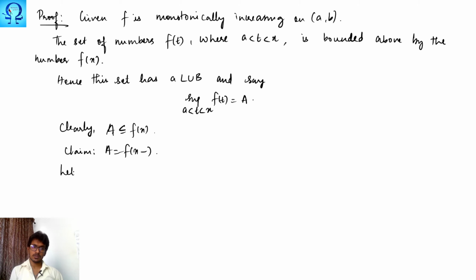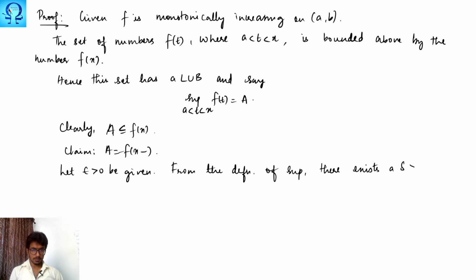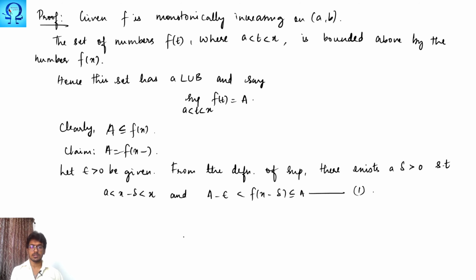So let me fix epsilon. Next, from the definition of supremum, there exists a delta positive such that a less than x minus delta less than x and A minus epsilon less than f of x minus delta is less than or equals A. Let us mark this as equation 1.